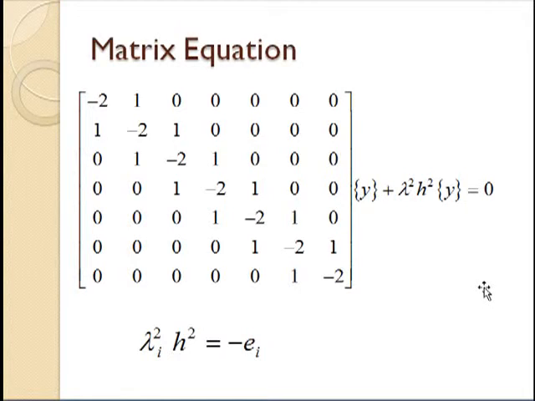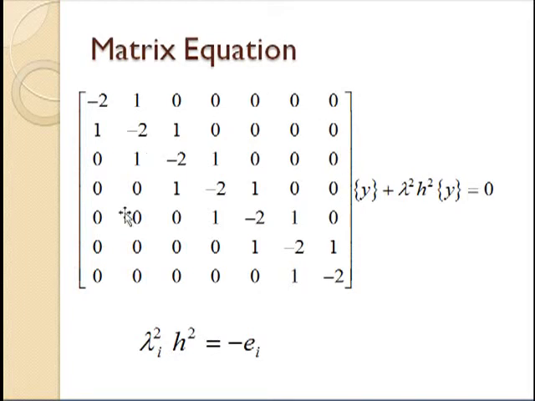So here's what it looks like written as a matrix equation. Those 7 unknowns are represented by this vector y. Then I have this matrix, a tridiagonal matrix, minus 2 on the diagonal and 1's on the off diagonal. That times y plus lambda squared h squared y is 0. And this looks like the equation for the eigenvalues of a matrix.